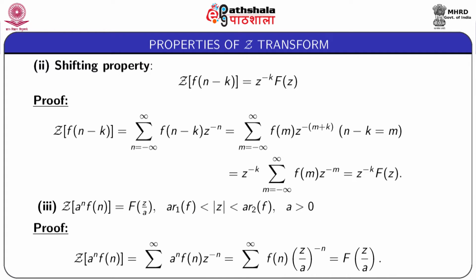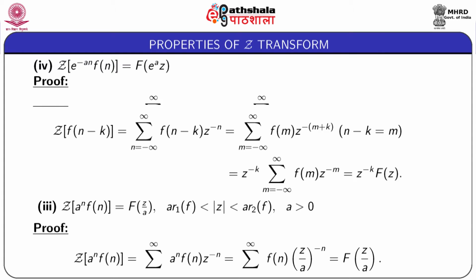For proof, we start with Z transform of a to the power n fn, which is equal to summation n equal to minus infinity to plus infinity a to the power n fn z to the power minus n, which is equal to summation n equal to minus infinity to plus infinity fn into z by a whole to the power minus n, and which is equal to capital F of z by a. So, we have proved this property.